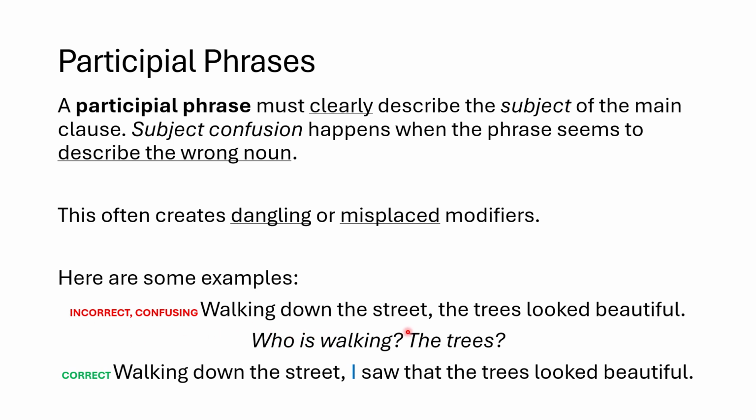Walking down the street, the trees looked beautiful. Who is walking? The trees? This sentence is correct. Walking down the street, I saw that the trees looked beautiful. Who is walking? The subject, I.